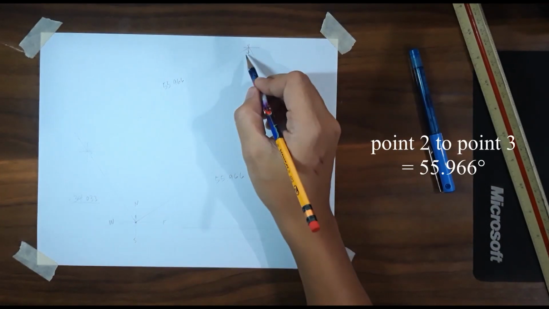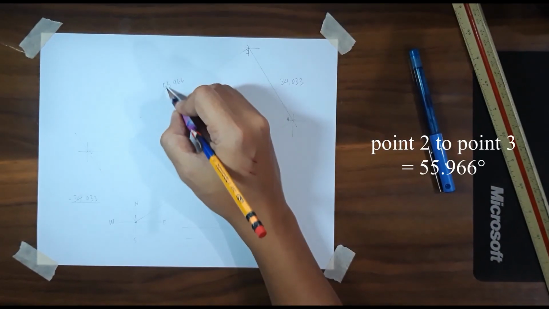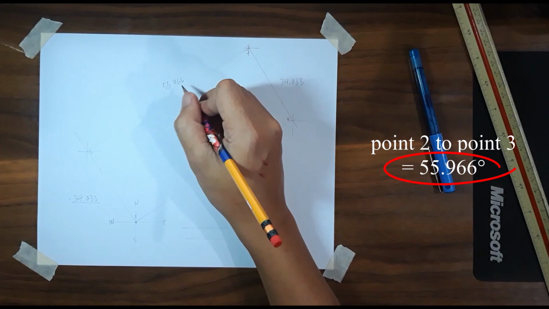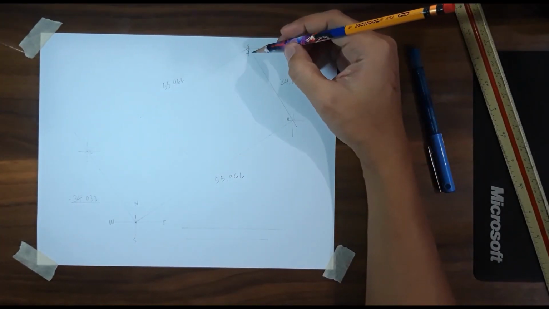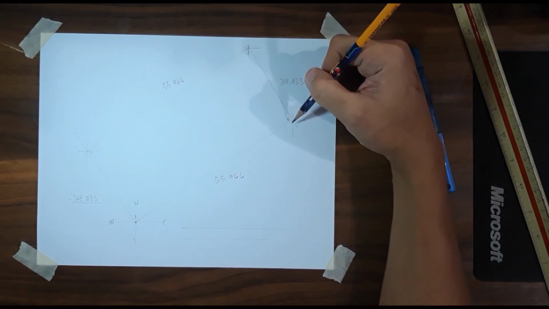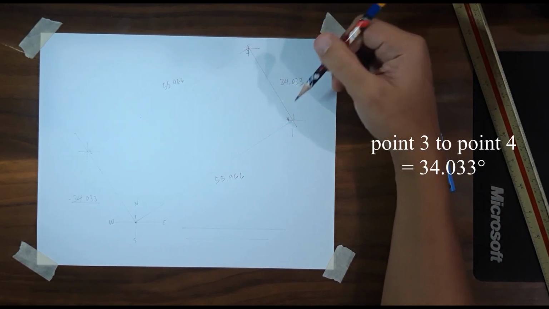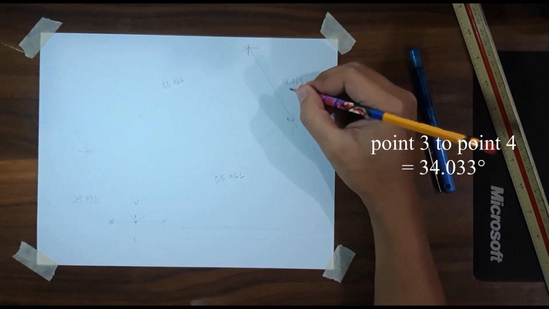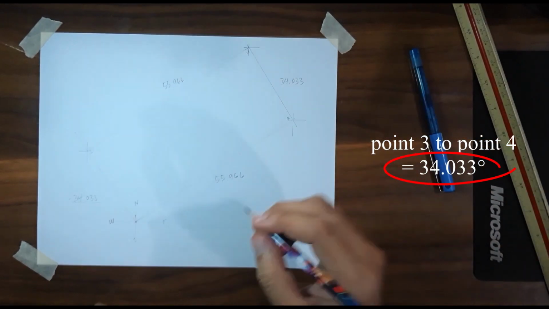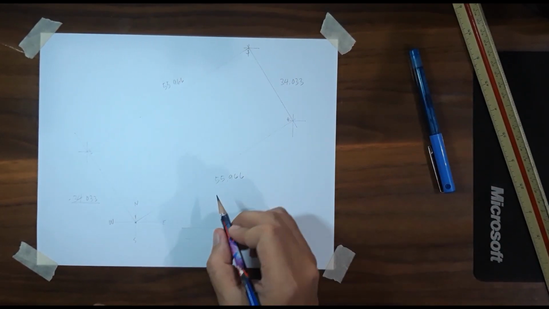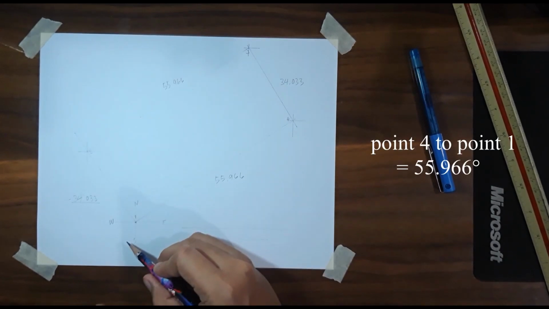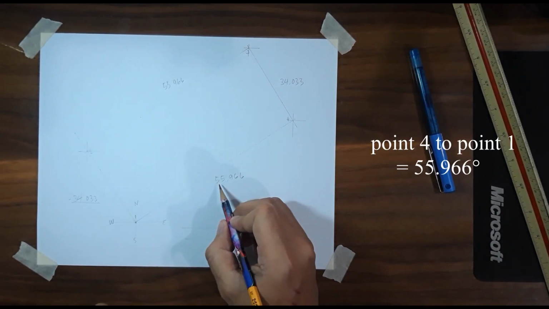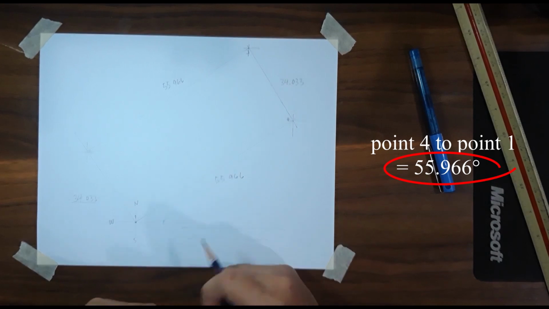Point 2 to point 3, the exact degree is 55.966 degree. Okay? So, point 3 to point 4, the exact degree is also 34.033 degree. And then the point 4 to point 1 is 55.966 degree. So let's start.